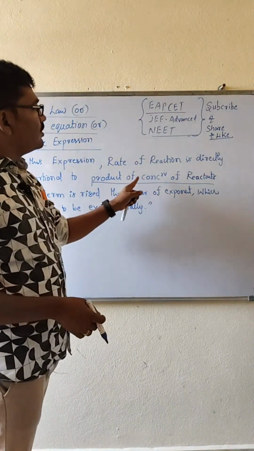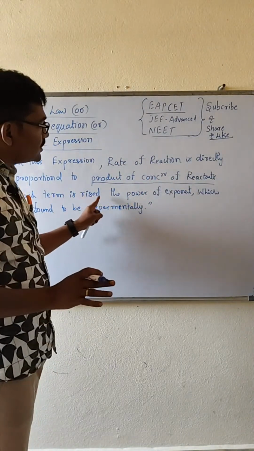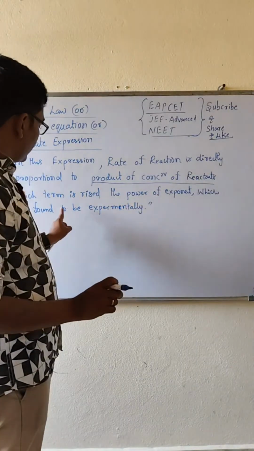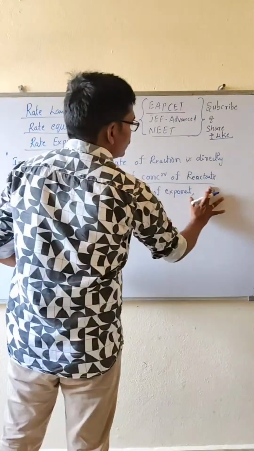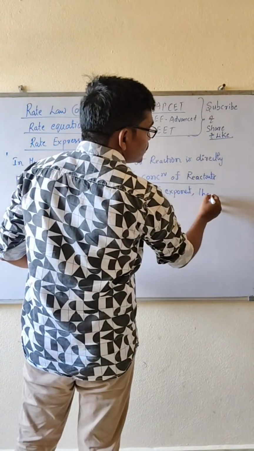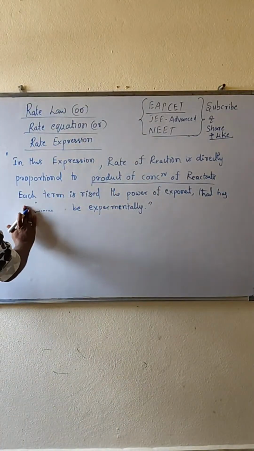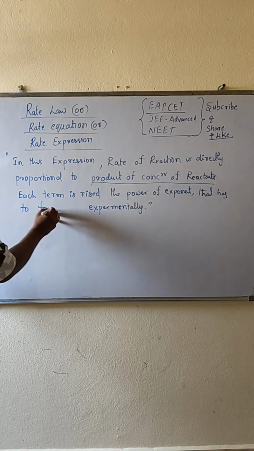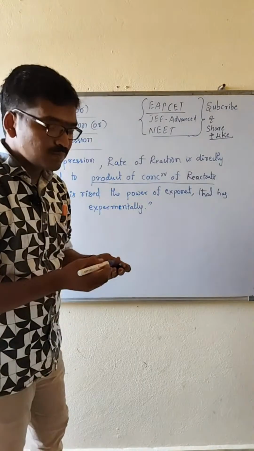Each term is raised to the power of an exponent that has to be found experimentally. This is called the rate law expression.